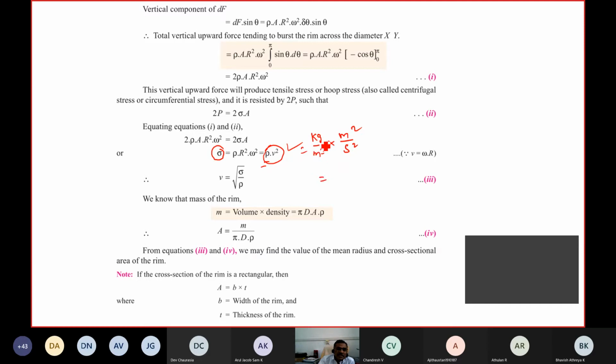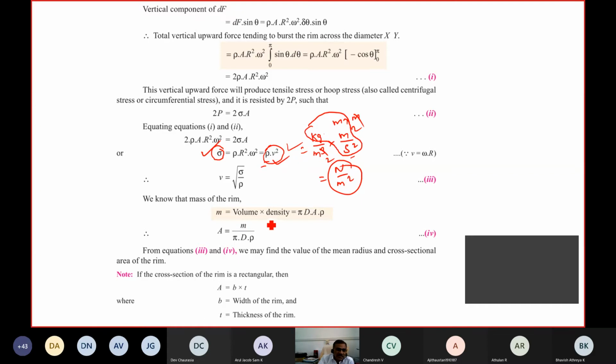If you take kg per meter cube times meter square per second square, you get kg meter per second square per meter square, and kg meter per second square is a Newton. So the unit is Newton per meter square. Stress sigma is equal to rho into V square.